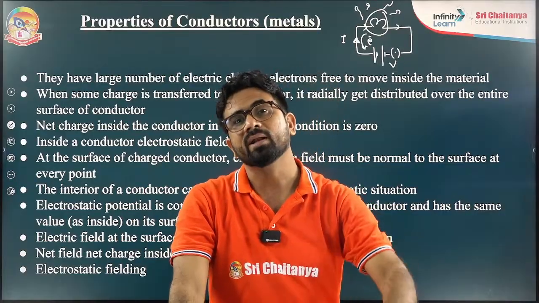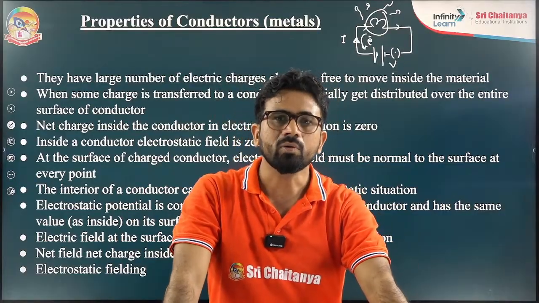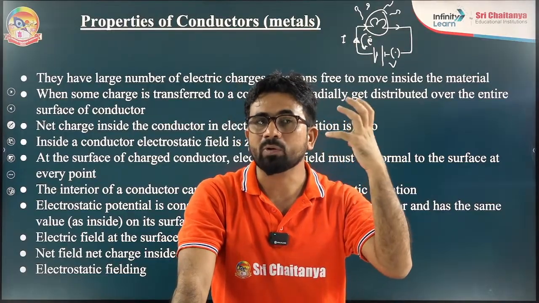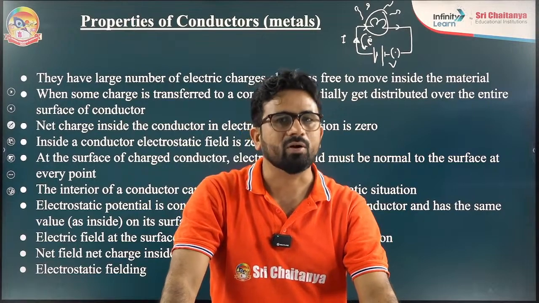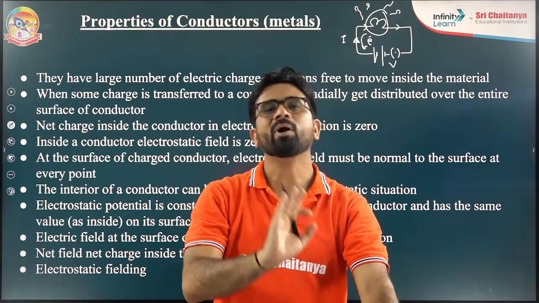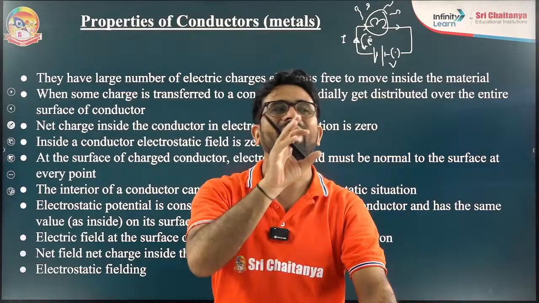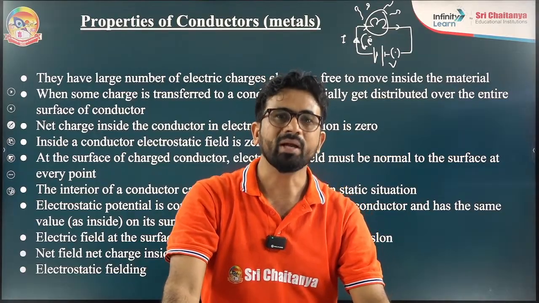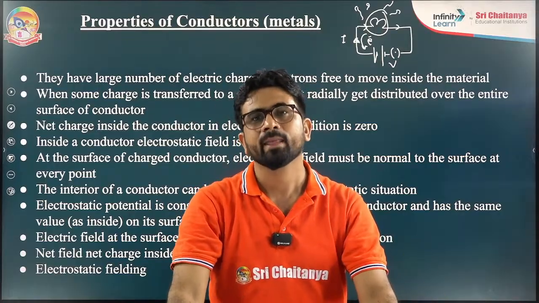If you are not creating the potential difference, it is difficult to move the electrons. This is a very basic doubt that comes to our mind, but this is not the situation. At any point of time, these electrons are moving randomly from one point to another. They are in random motion, just like gases.